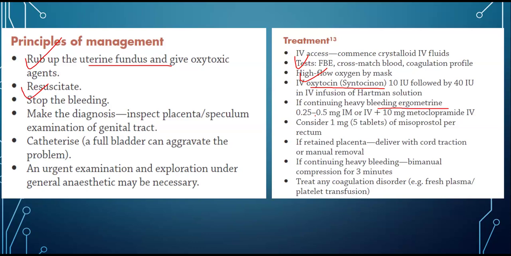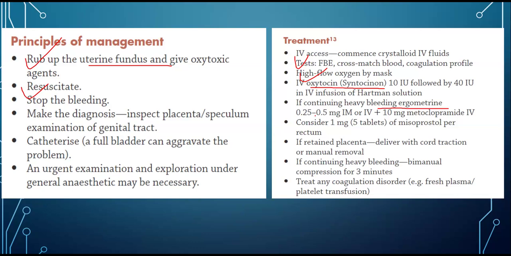Okay, so first of all, fundal massage, then resuscitation, IV line, then take the blood, start IV fluid, and start blood when it is available. Then make sure placenta is not incomplete. You can also catheterize the patient because a full bladder can aggravate the bleeding. Make sure there is no tear.